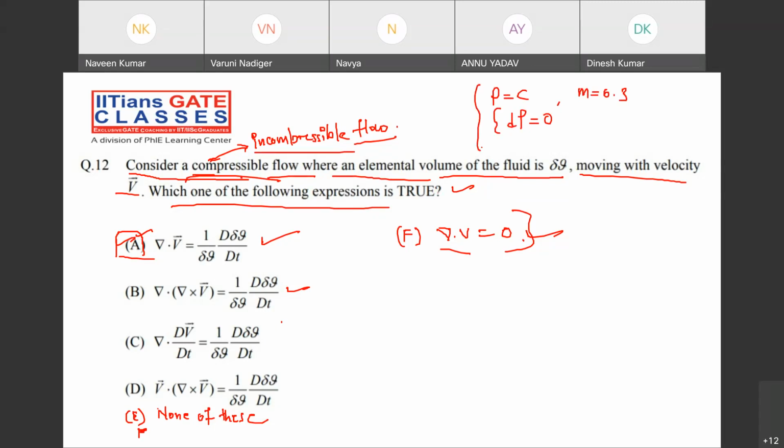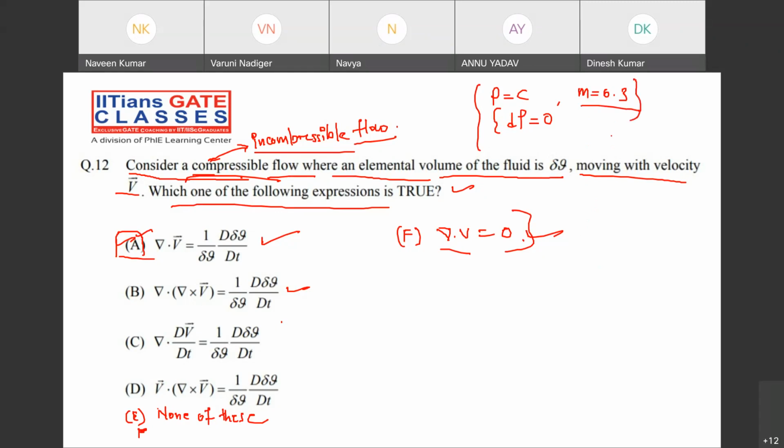Okay, that is, density is constant. Do you know up to what extent we can assume density is constant, the margin for calling it incompressible? Mach number 0.3, correct.